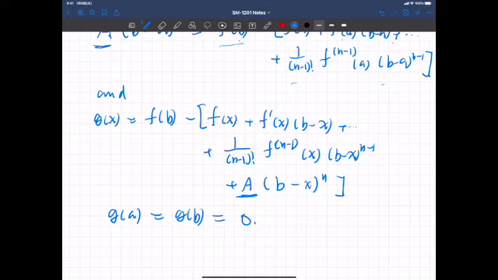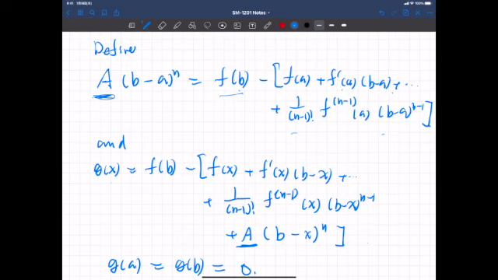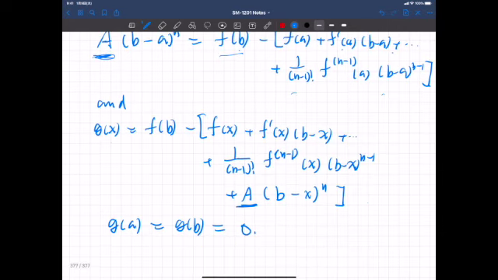If you substitute x equal to a, this should be 0 because this constant A is defined in this way. So if you substitute all x by a, it will be 0. And also, if you substitute x with b, it should also be 0. These polynomial parts will all be 0, and f of b will cancel this f of b.